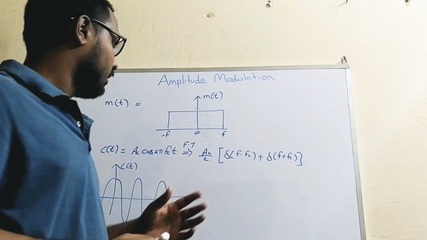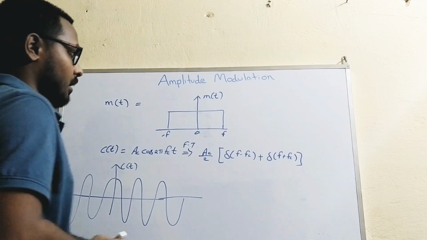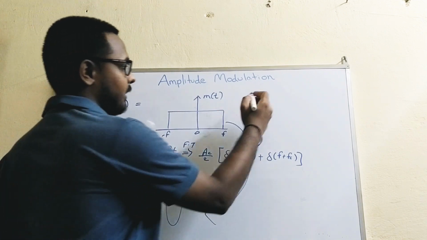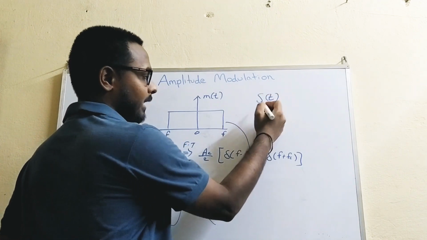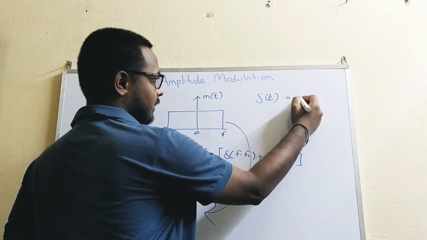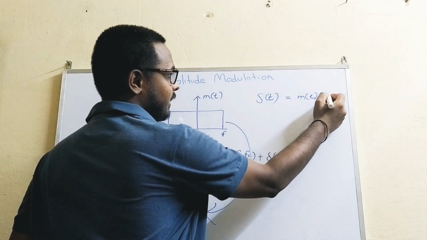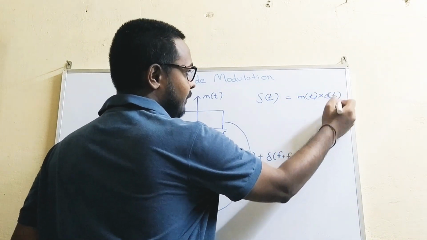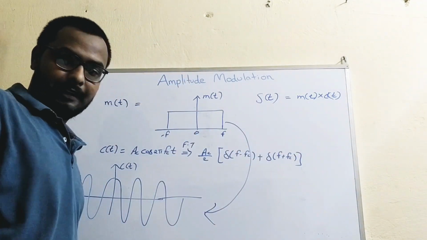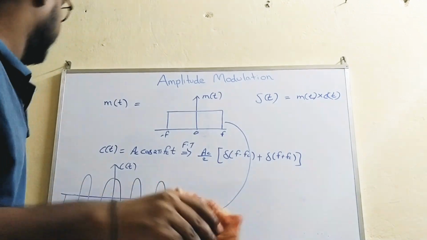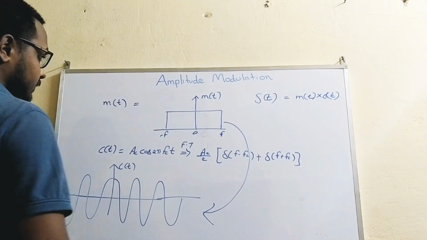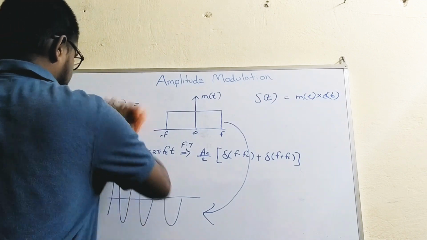Now we have to merge this message signal with this carrier frequency. It means s(t). s(t) is what? The modulated signal is nothing but m(t) into c(t). m(t) is our message signal, c(t) is our carrier signal. When we merge these two signals, what do we get?